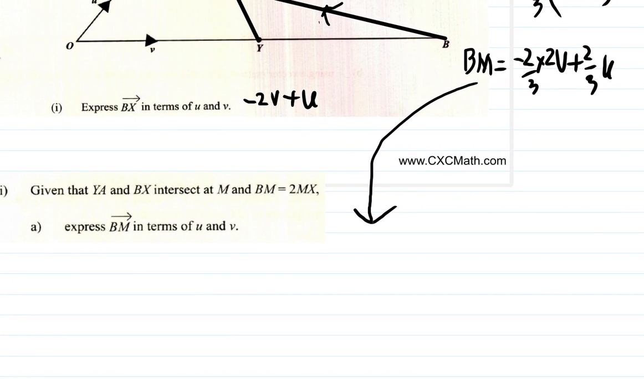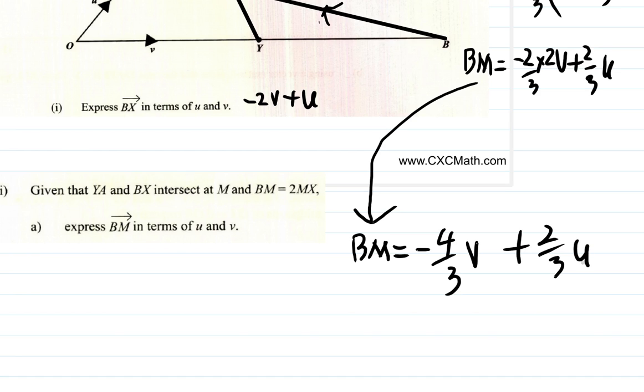So BM equals negative 4/3 V plus 2/3 U. So that's BM in terms of U and V. Remember, when it says in terms of U and V, it means you're going to have U and V and then numbers.